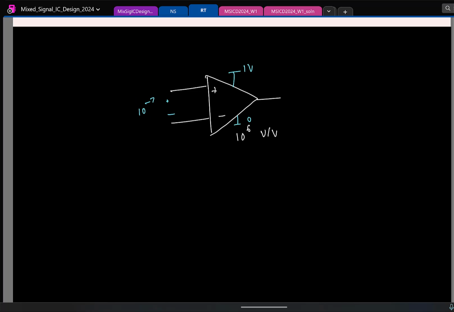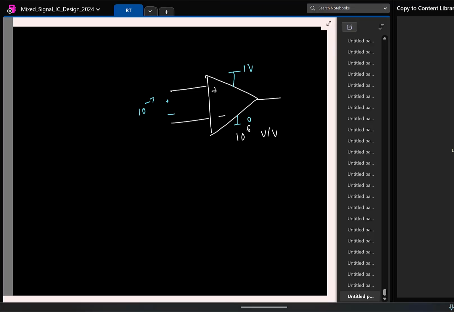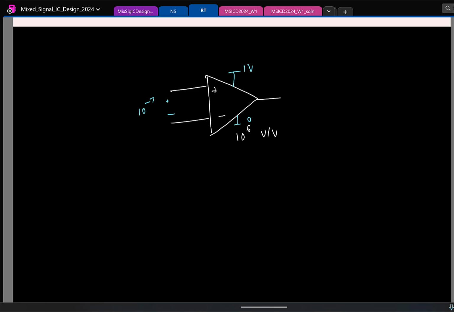Even if you generate it, there is going to be a lot of noise that is going to completely mask this signal out. So how do you think we'll measure? Exactly, right? Think of it like this. We are trying to measure the gain of this.